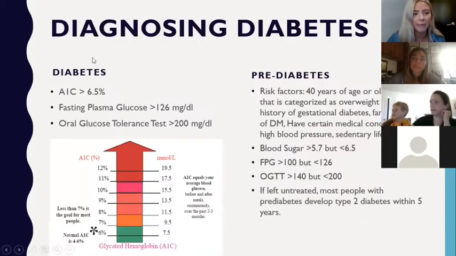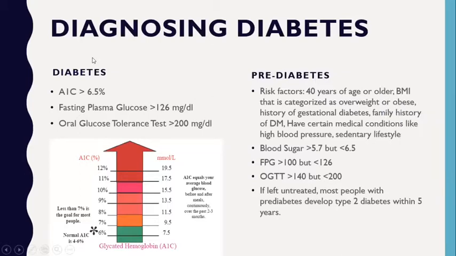And just real quick, I wanted to dive into what each one is. So diabetes is defined by an A1C level of greater than 6.5, and prediabetes is from 5.7 to 6.5.